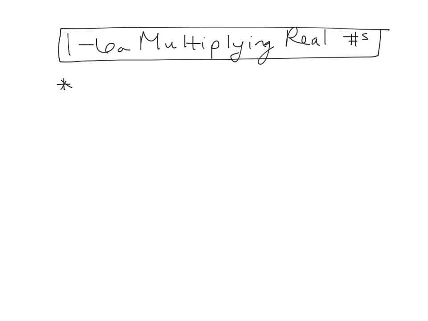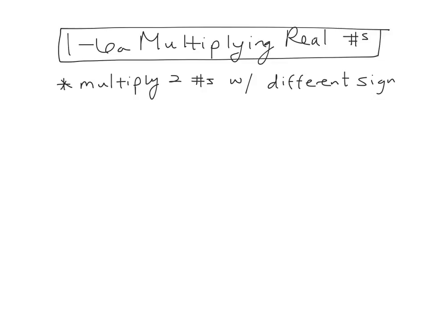So if you multiply two numbers with different signs, for instance, 2 times -3, one's positive, one's negative, what happens, Elijah?